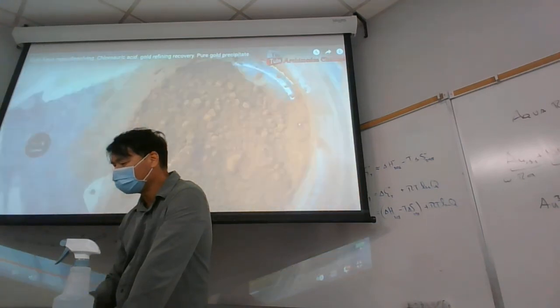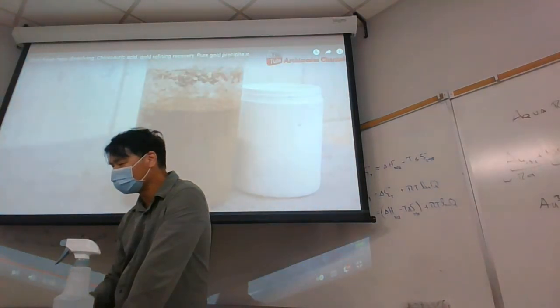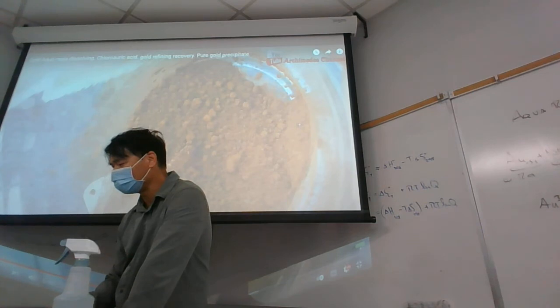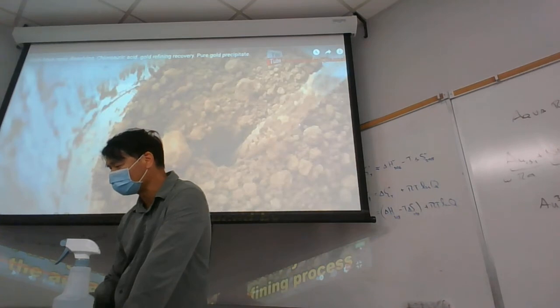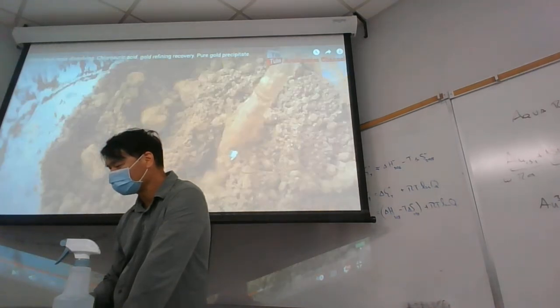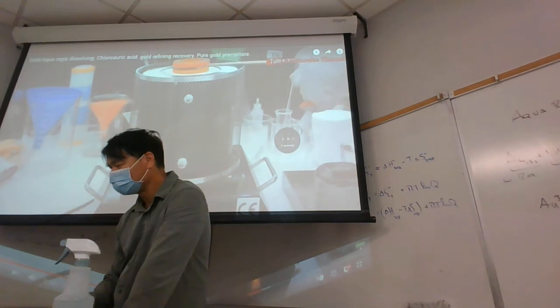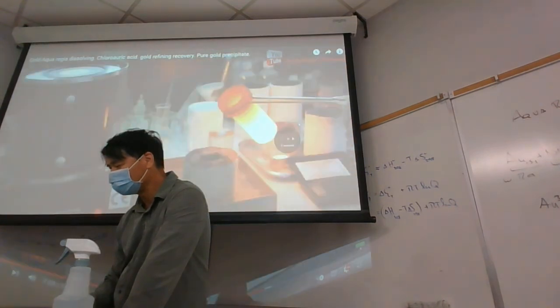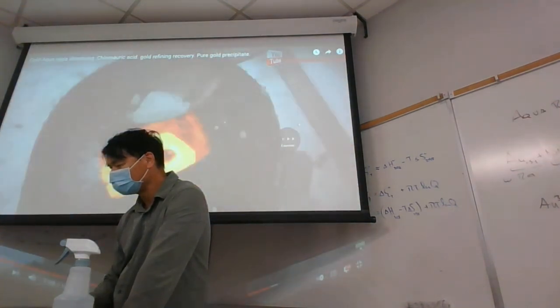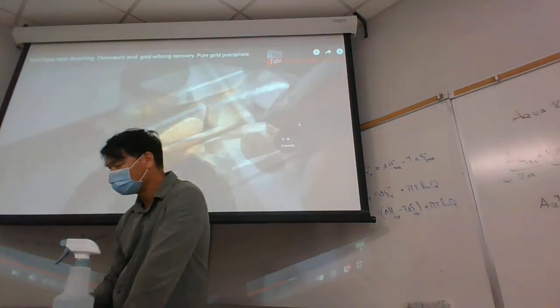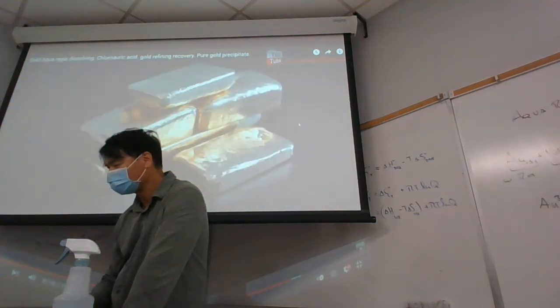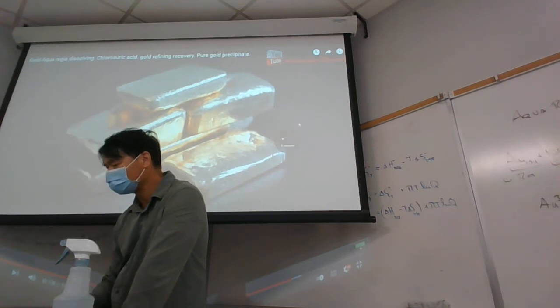Okay, so then they were able to recrystallize it as a precipitate here and get rid of the impurities. Although it doesn't look so pure, does it? No. Looks like dirt. And then they melted it. Okay, that looks more like gold.